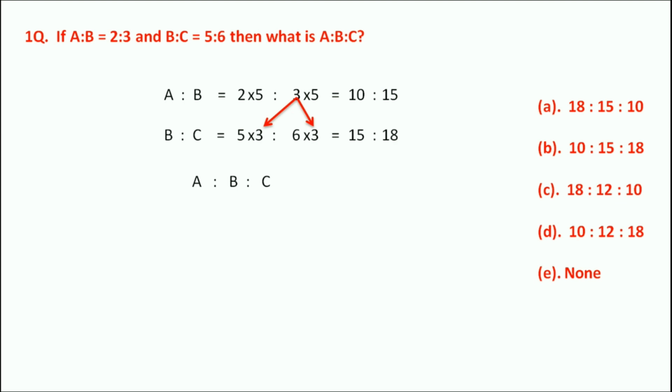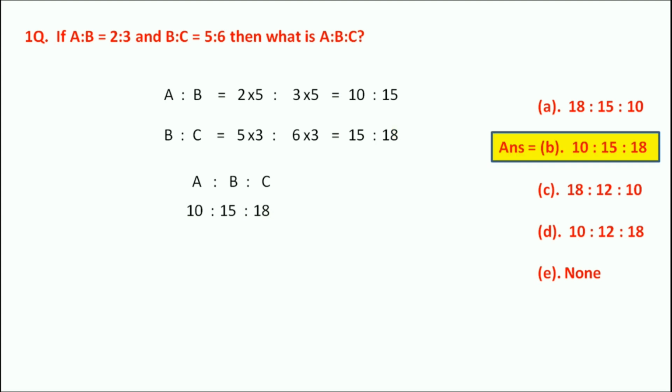Then the second ratio becomes 15:18. Now, the value of B in both the ratios became the same. Then we can write A is to B is to C as the value of A, that is 10, is to the value of B, that is 15, is to the value of C, that is 18. Therefore A is to B is to C is equal to 10:15:18.